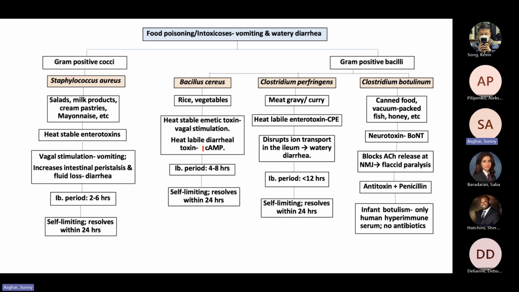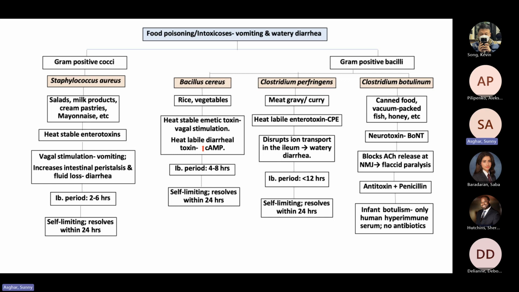It can be one of them, but as we see over here, you can see for Bacillus, and then you can see for Clostridium perfringens, all of them are also self-resolving within 24 hours.